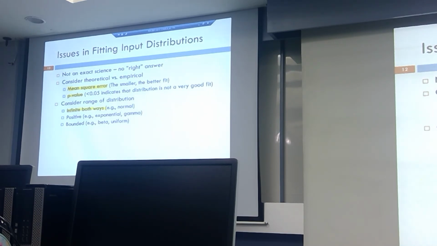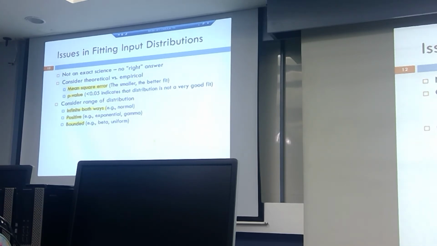But if you use a bounded distribution, like beta, uniform, or triangular, the value will not fall outside the boundary. And some distributions are positive, which means they give only positive numbers, like exponential and gamma. All the values generated will be positive numbers. So you can keep that in mind when you choose the distribution also.